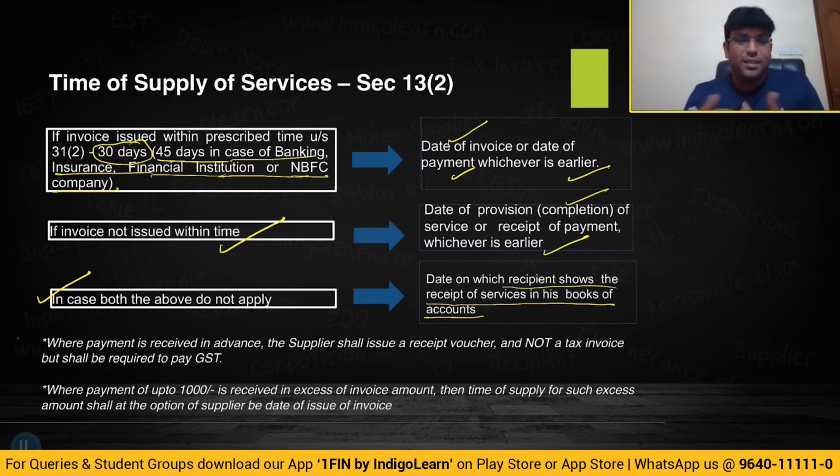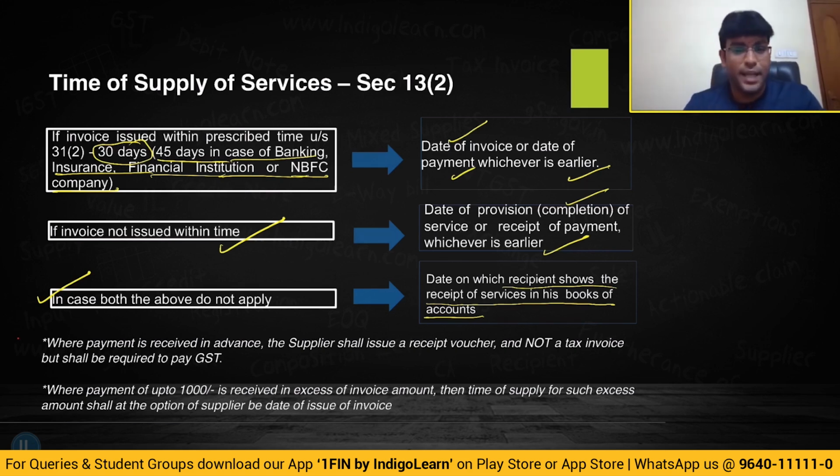But it might happen that somebody who is liable to pay tax is not giving invoice. So there's a third residual point that they kept in the law, which we don't see practically much. In the exam, they'll directly give a question where they say invoice is not given. That's possible. I hope you are clear.